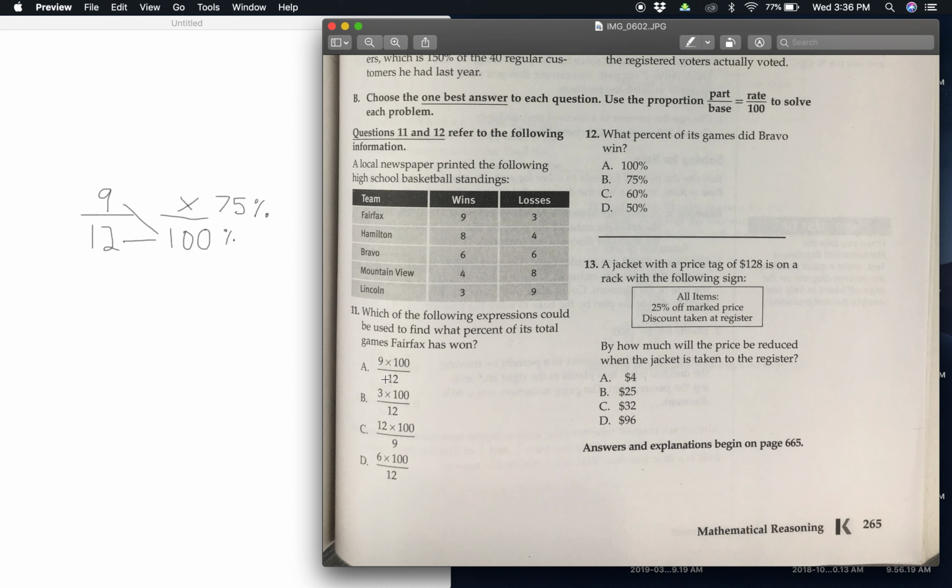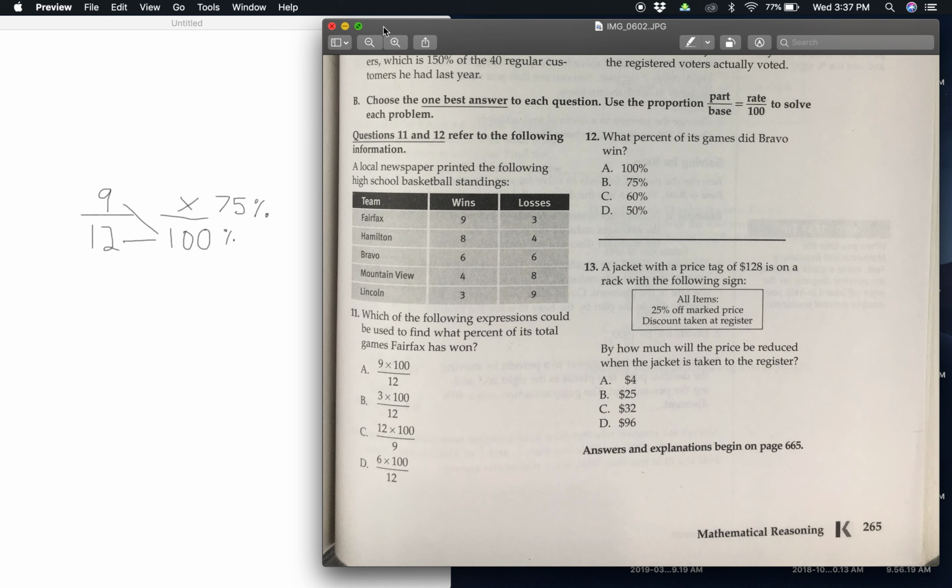When it's with the line going across there, it's always a division problem. So that's basically what we did. We didn't do 3 times 100 divided by 12. We didn't do 12 times 100 divided by 9. We didn't do 6 times 100 divided by 12. We did 9 times 100 divided by 12. So A is your answer there.